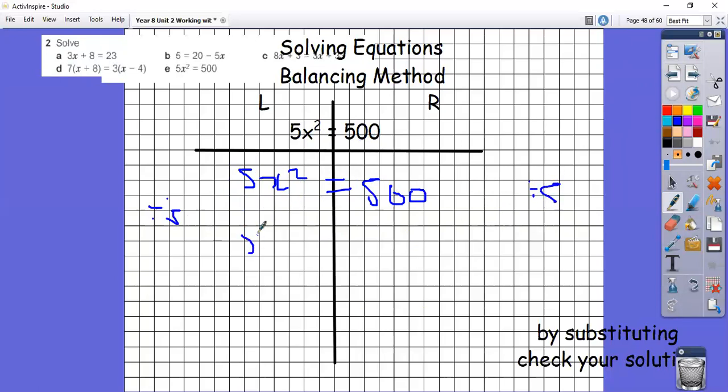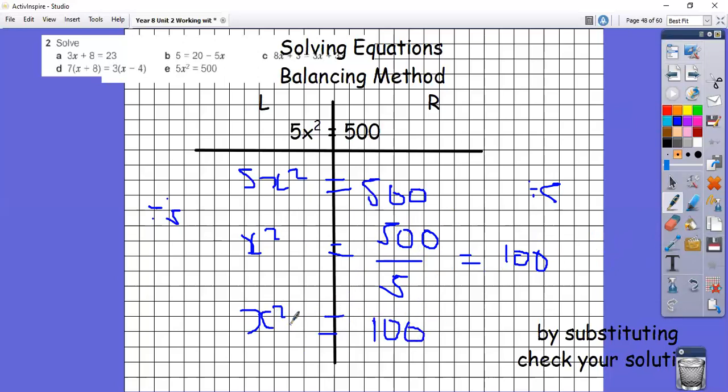So that leaves me with x squared is equal to 500 divided by 5, which is 100. So x squared equals 100.